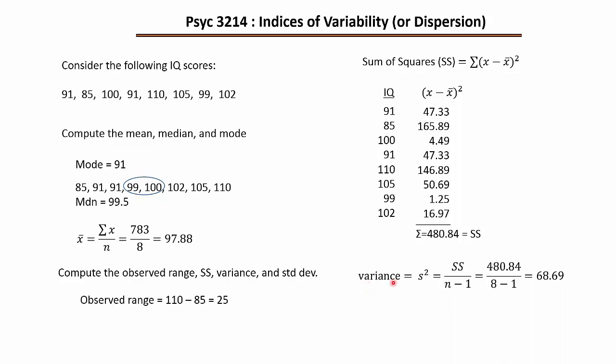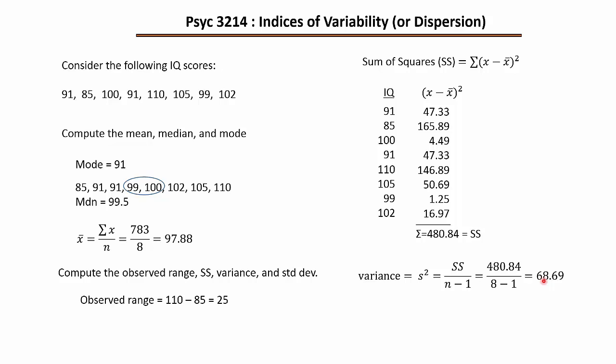We can start with the variance, so that's a little less squared, and that's simply the sum of squares over n minus 1, so 480.84 over 8 minus 1, or 7, and that will give you 68.69. So now the variability about the mean, kind of on average, is about 68 or 69 squared units, IQ units.